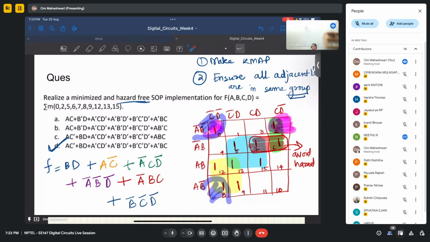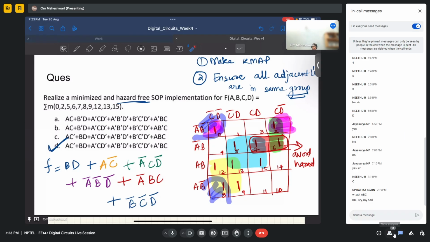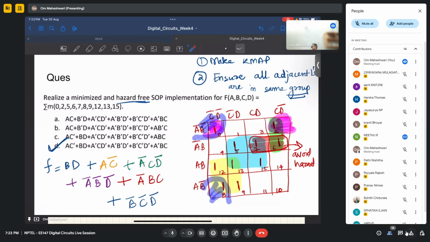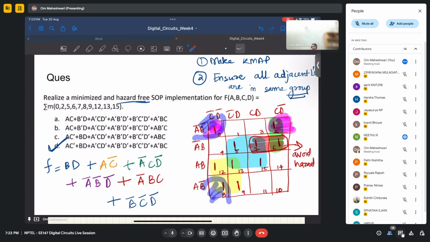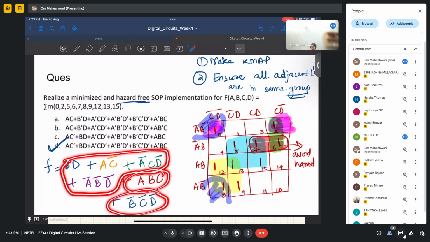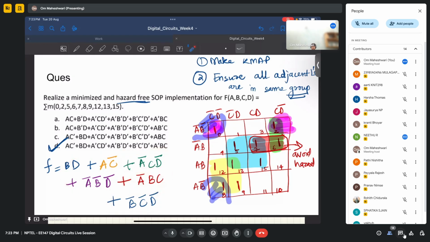Is this clear to all? If there is any doubt, please ask. Sir, actually this 7 and 6 group is not needed. Definitely, you are correct. The only groups which were needed were these ones. Then we took these two redundant groups to avoid the hazard condition.